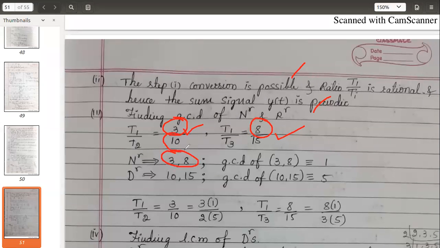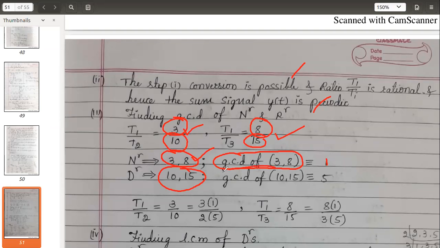And denominators are 10 and 15. Now, for 3 and 8, you need to find the GCD. What is the GCD of 3 and 8? There is no common divisor, right? 3 and 8, so it is 1. Common value is 1. If it was 2 and 8, you might have used 2. 10 and 15.